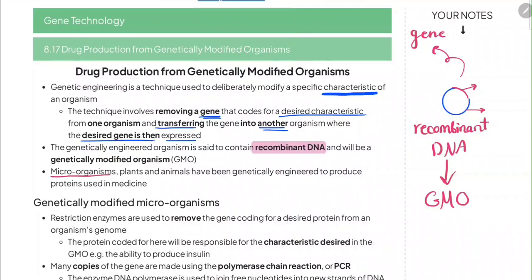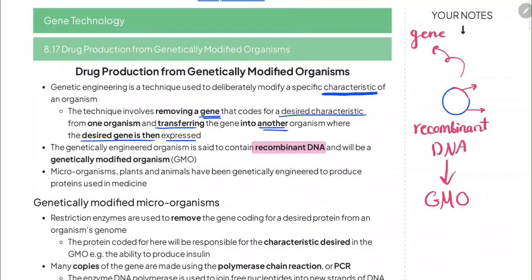Microorganisms such as yeast and bacteria, plants, and animals have been genetically engineered to produce proteins used in medicine. And of course, that's been very perfect for so many severe problems, and it's going to be a huge cure to many things.